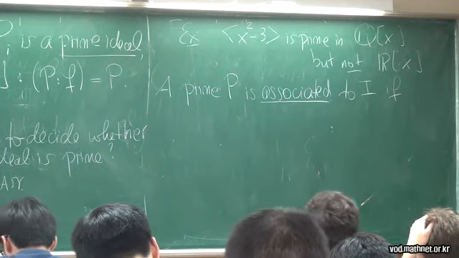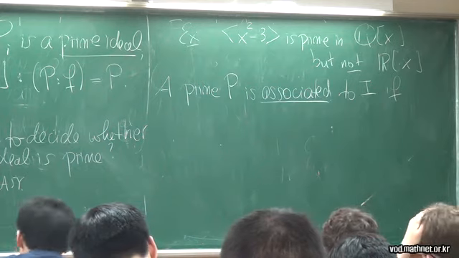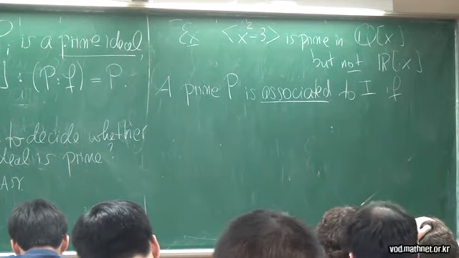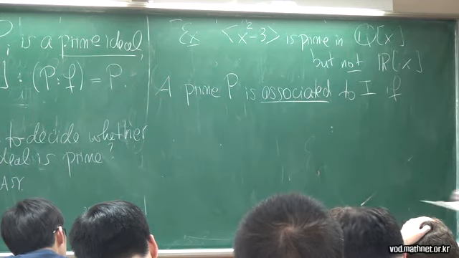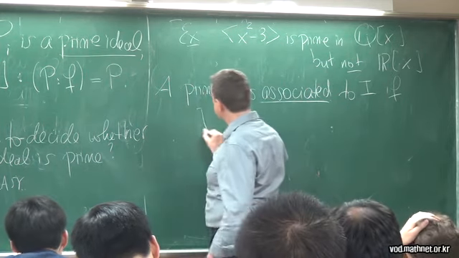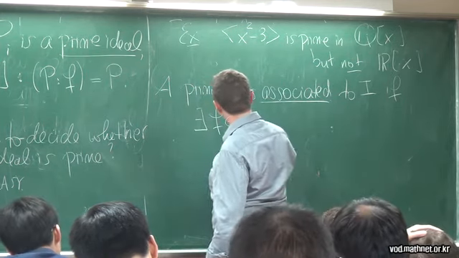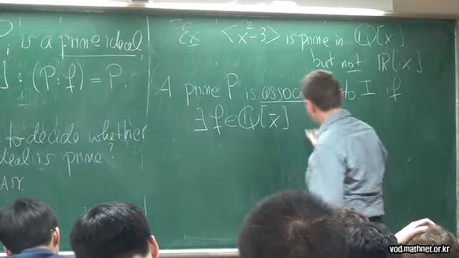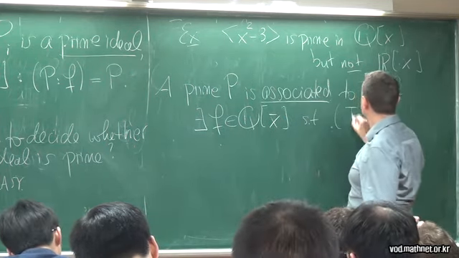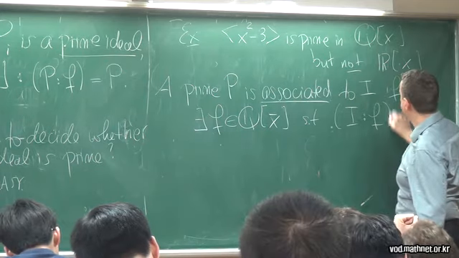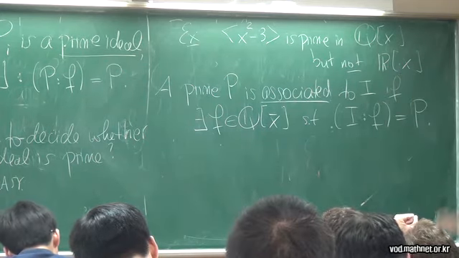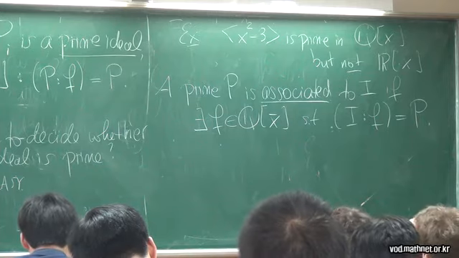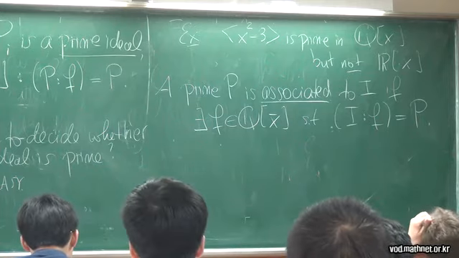So maybe there's a surface and a curve and another surface, sort of break the variety into pieces. So a prime is associated to I if there exists a polynomial f such that I colon f is P. Right? That's it, right? If there's a witness, so I'm going to call that a witness.